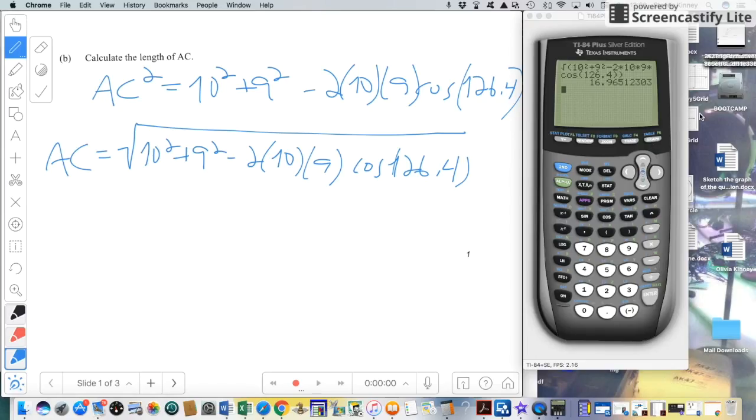All right, finish up that problem on finding the length of the opposite side. Use the cosine rule, square root of the sums of the squares minus the correction factor as shown. Put it in the TI-84 and I got a value of around 16.96. I'm going to round that up to 17 centimeters.